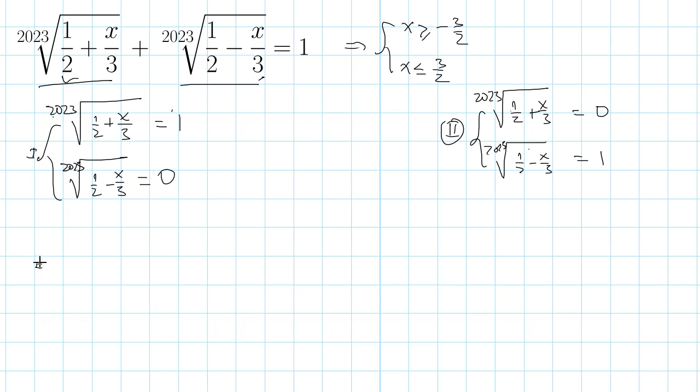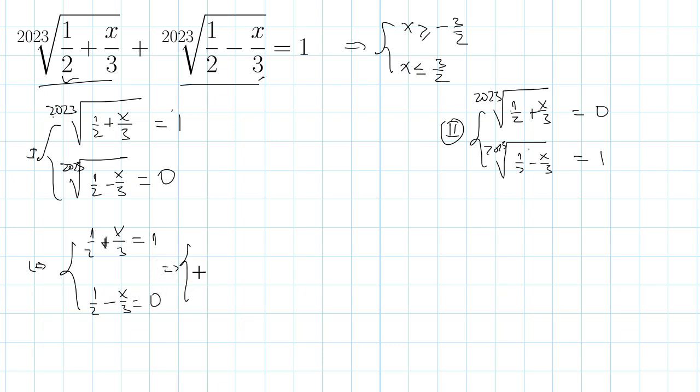So guys, by taking this side to the same power as this index, what I'm gonna have is 1 over 2 plus x over 3 equals 1, because 1 to the power 2023 is 1. I'm going to do the same here. So I have 1 over 1 half minus x over 3. This is going to be 0.